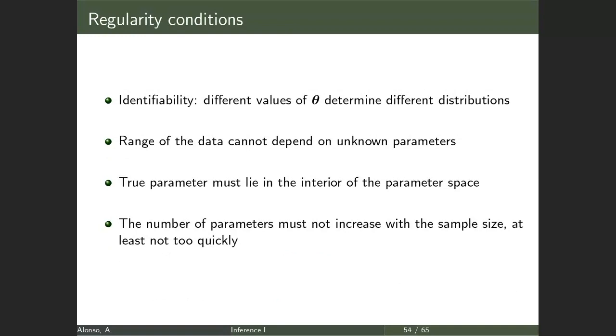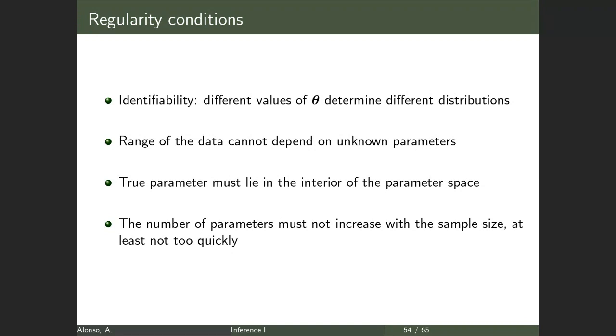Now, I told you that all these nice properties, that the maximum likelihood estimator will be asymptotically unbiased, asymptotically efficient, consistent, normally distributed, happen under general regularity conditions. What does that mean? Well, the first thing is that your probabilistic model should be identifiable.